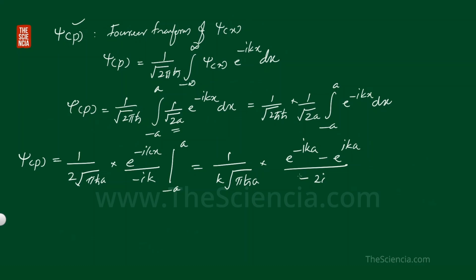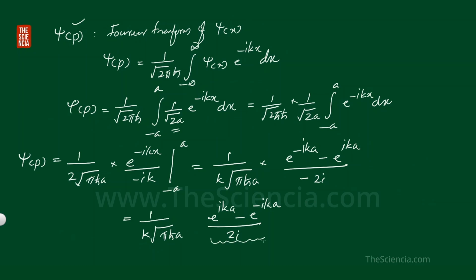When this minus i is taken in the numerator, it will be 1 by k root pi h cross a into e raised to ika minus e raised to minus ika by 2i.